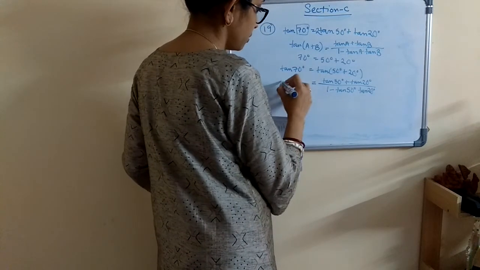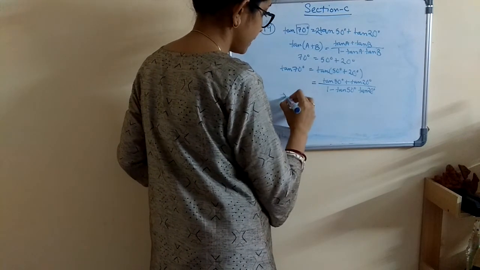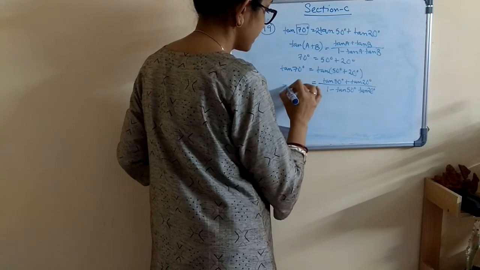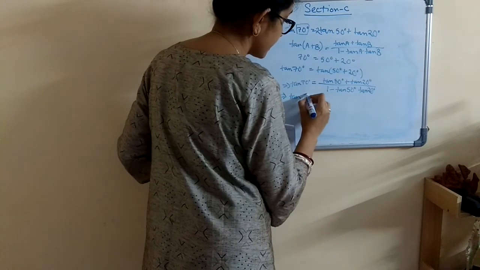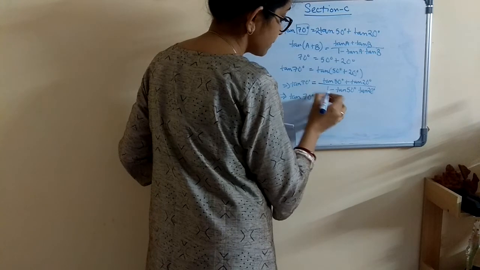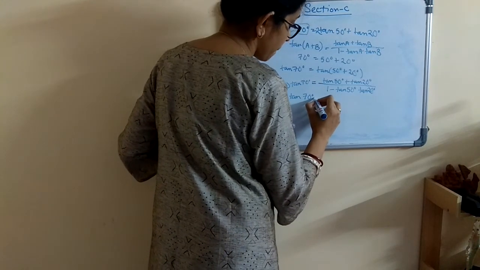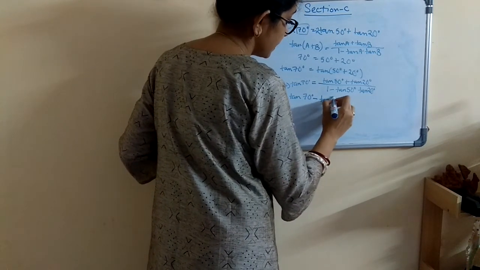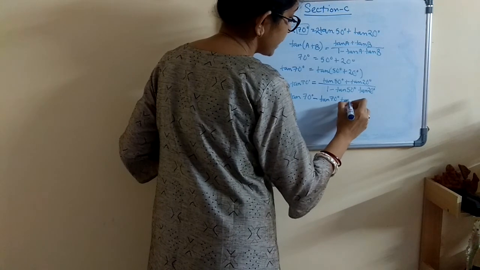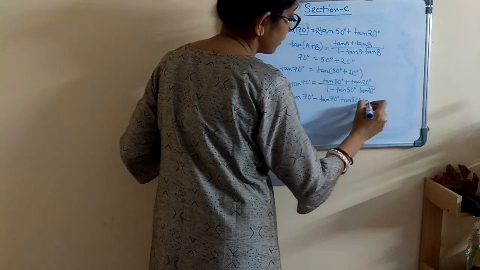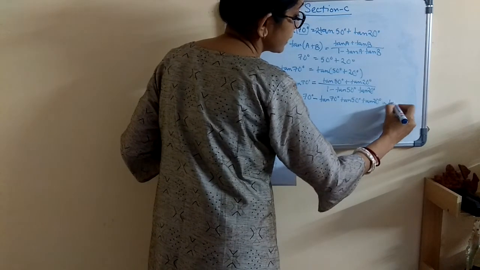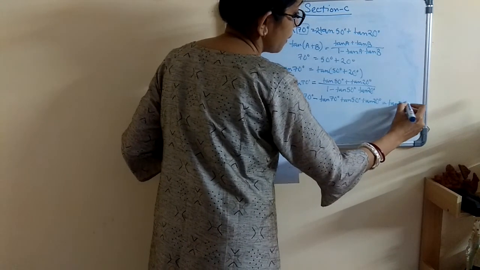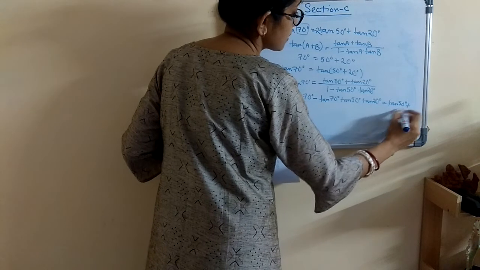Now we will cross multiply and we will get what? It's tan 70. We will get tan 70 into 1, that is tan 70 minus tan 70 into tan 50 into tan 20 equal to the numerator, that is tan 50 plus tan 20.